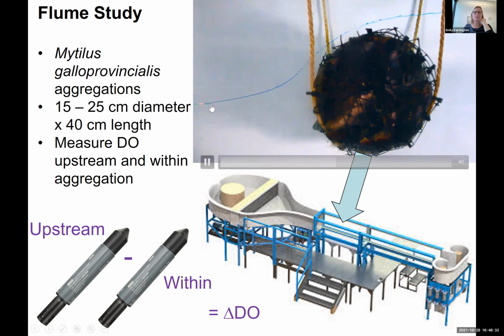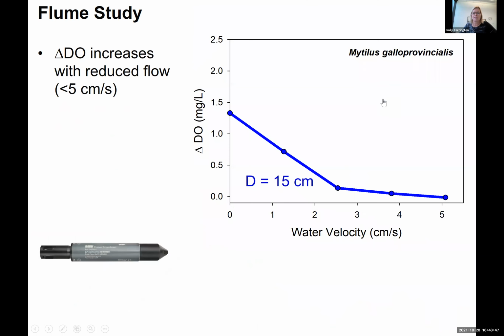This is just a diagram to show that at low flow, water doesn't pass through this aggregation, it gets rerouted around it. That sets up a scenario where there's not much flushing going on in here. So we were able to show that, yes indeed, water velocity will affect the magnitude of the difference of dissolved oxygen with the free stream relative to what's going on in that aggregation.